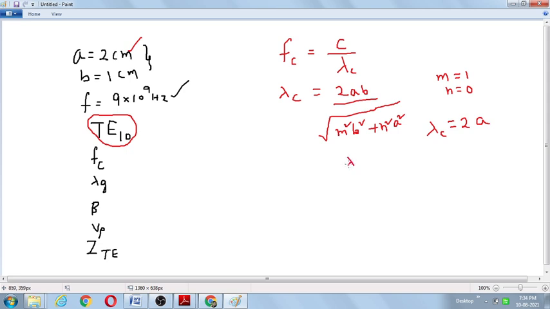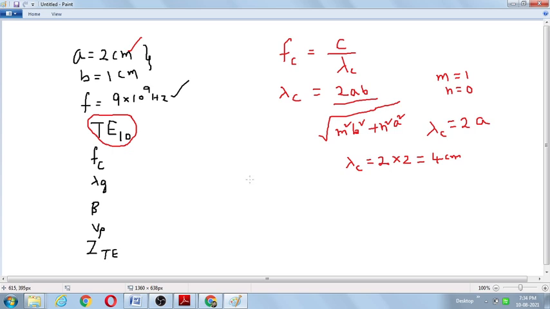Therefore, lambda c is equal to 2 into 2, which is 4. Cutoff wavelength is equal to 4 centimeters.